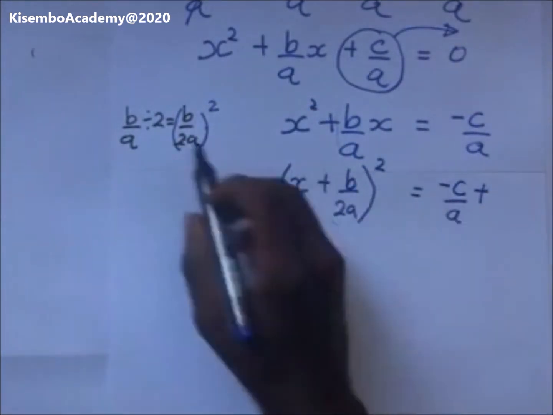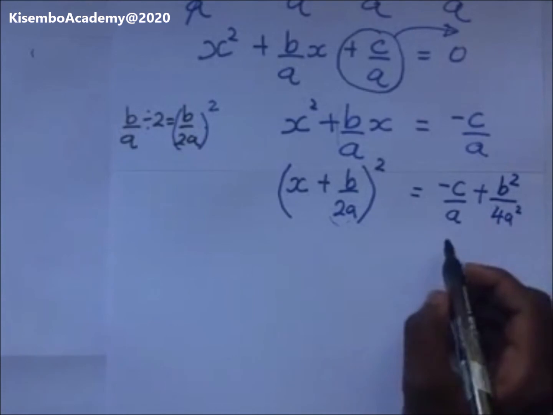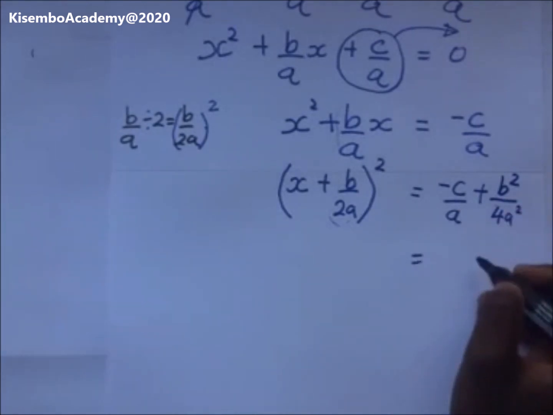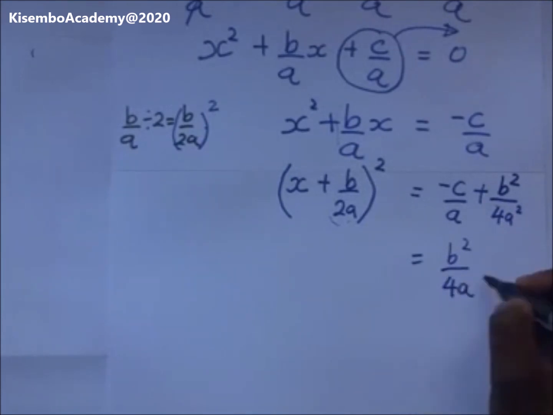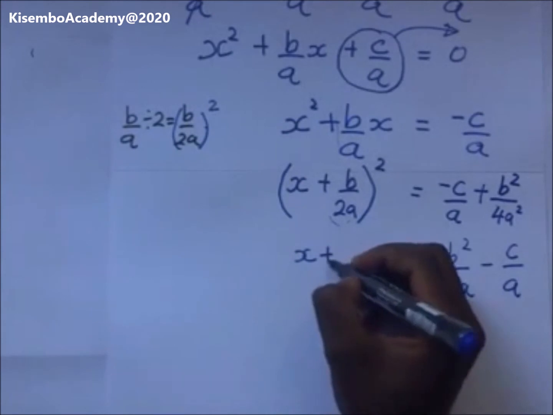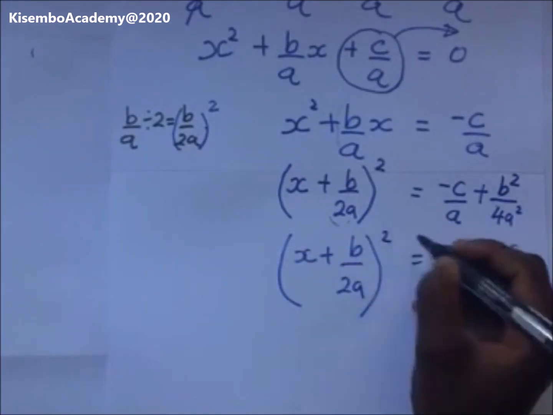So this squared becomes b squared over 4a squared. If we rearrange this, it becomes b squared over 4a squared minus c over a is equal to x plus b over 2a, this whole thing squared.